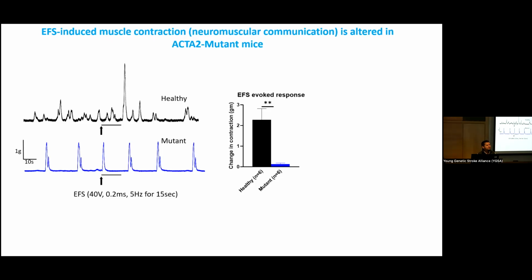And you see, this is very rhythmic because the neurons are not actually interfering with their function. But when we give the electrical stimulus, the neurons should release the neurotransmitter and they should give a big spike of contraction. But that did not happen with the mutant mice. So we don't know actually, is it the neuronal problem or the problem with the smooth muscle cells?